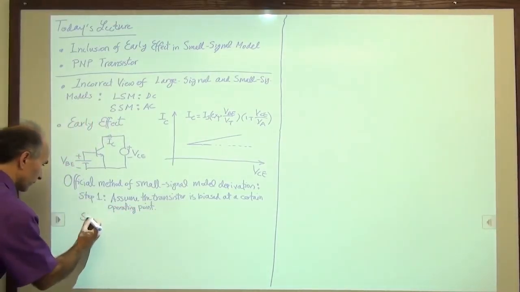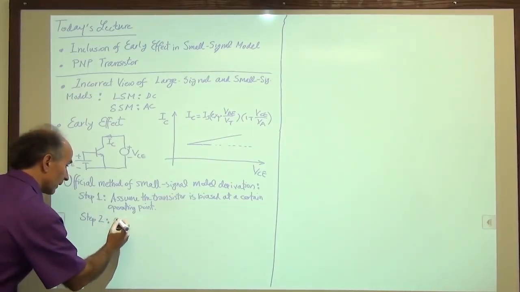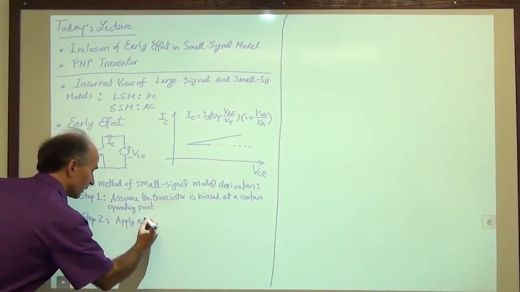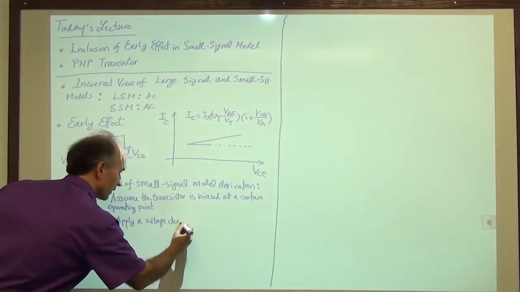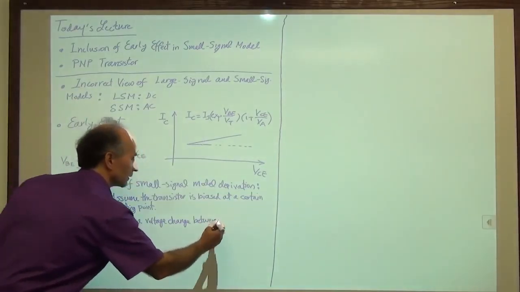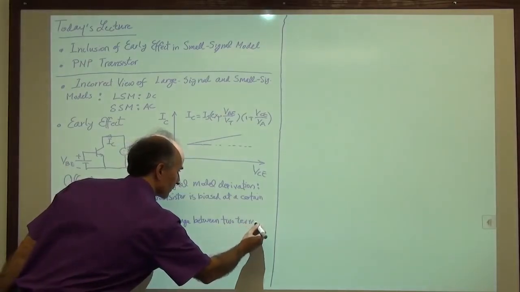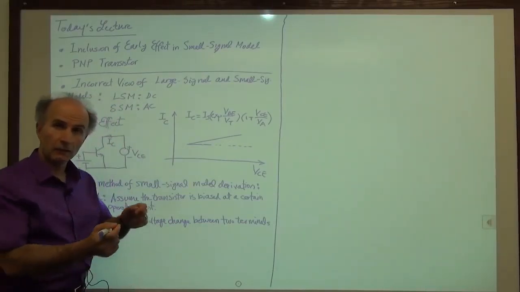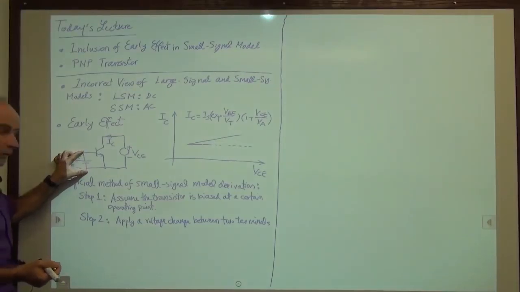Okay, step number 2. Apply a voltage change between two terminals, so we take the voltage between two of the terminals and change it by some amount. For example, this one or this one.